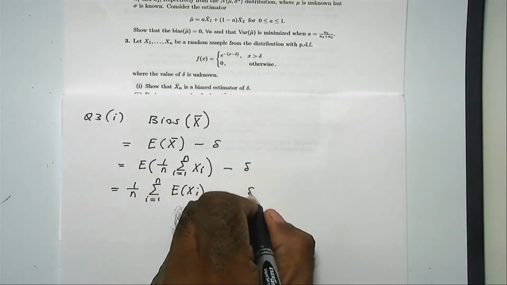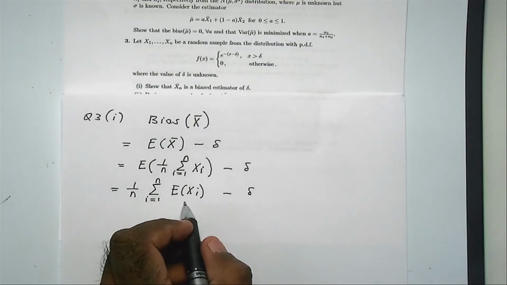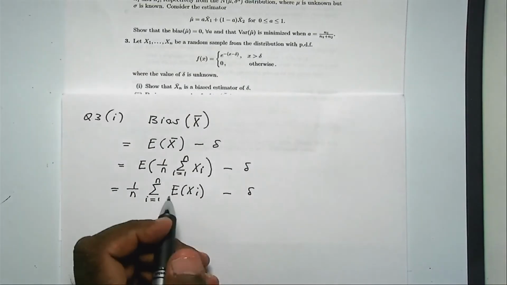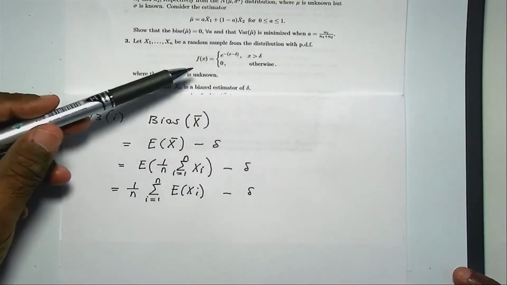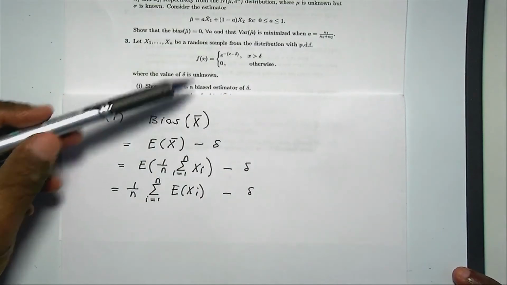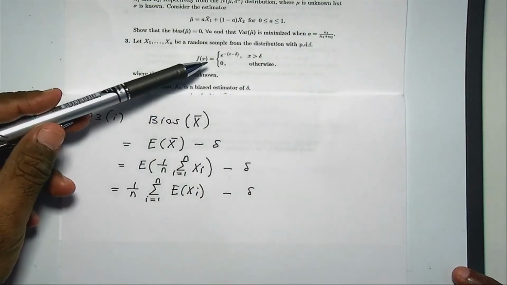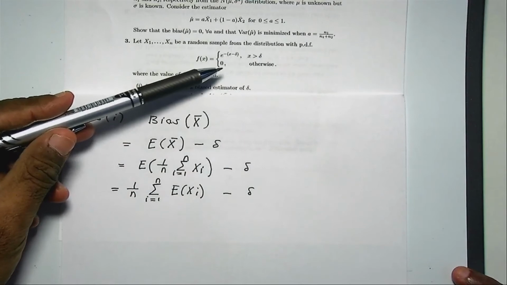To find the expected value of xi, you are given the density function, which is this one. To find the expectation, you just need to integrate x times the density.